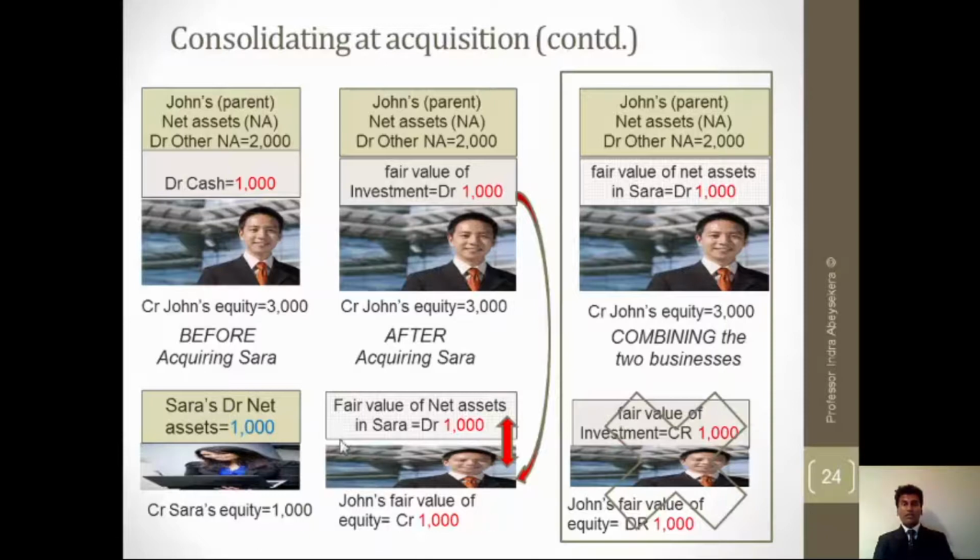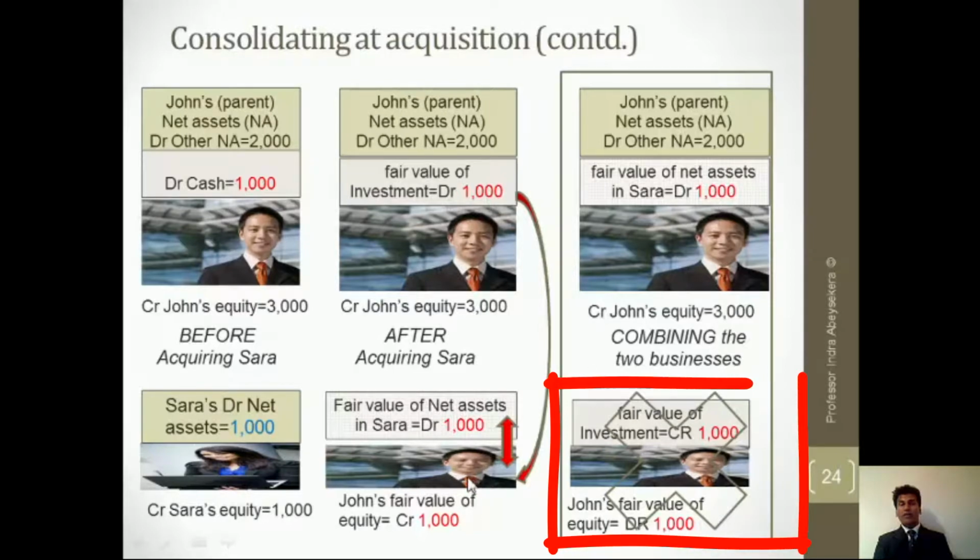So instead of having John's investment, we credit John's investment and we debit John's fair value of equity, which is a credit.